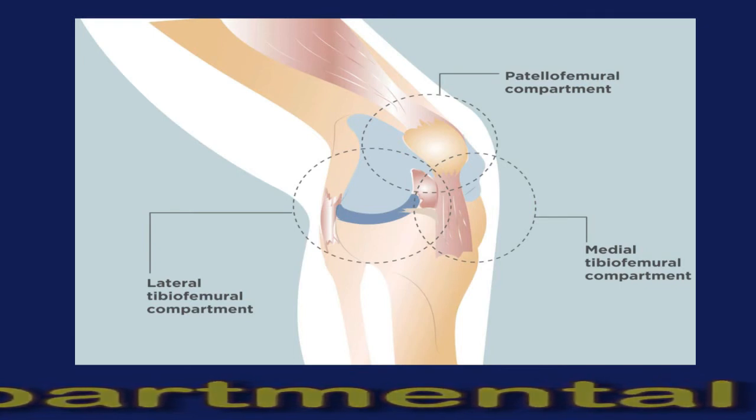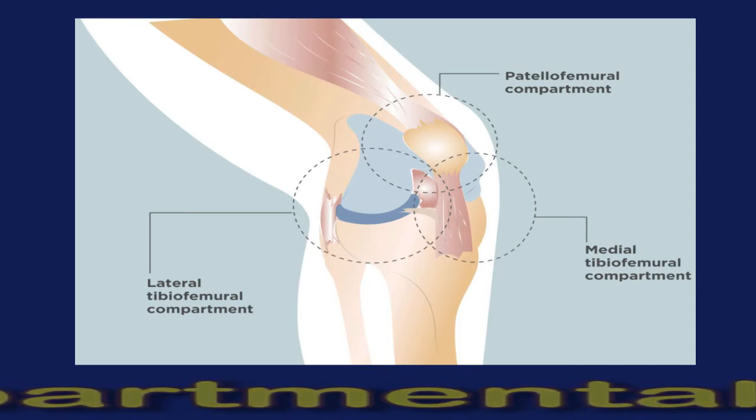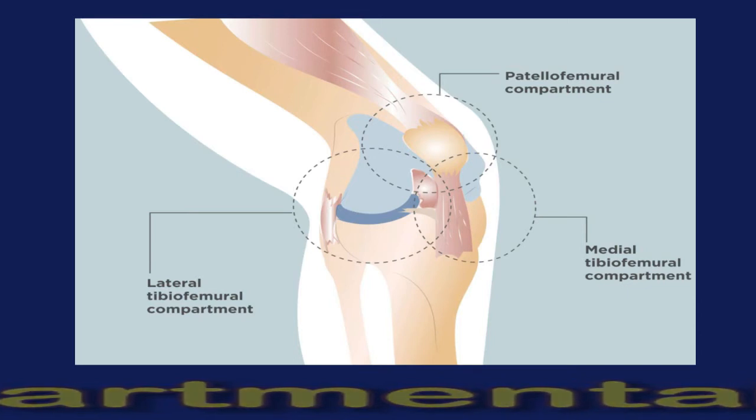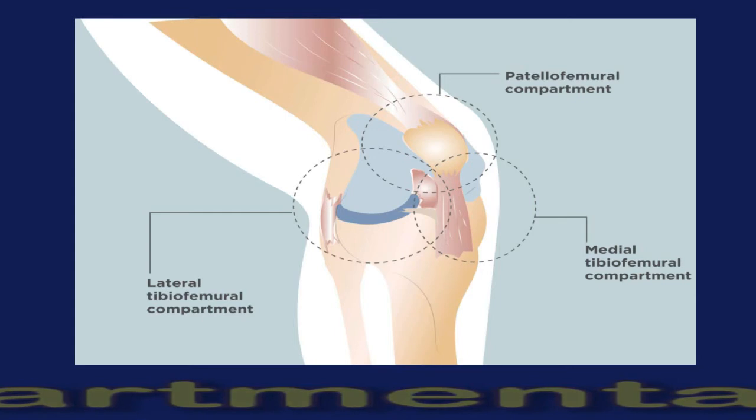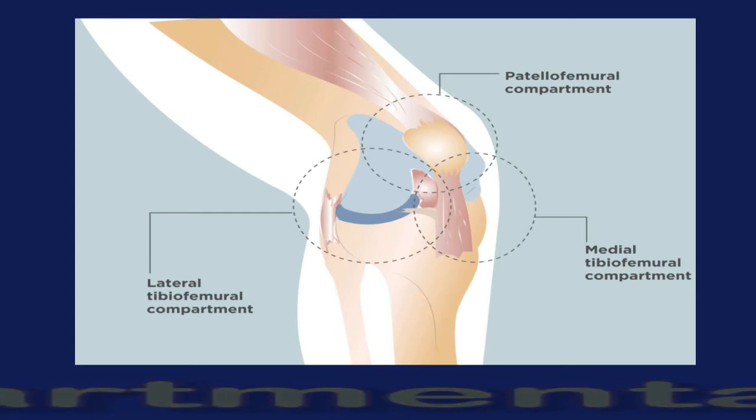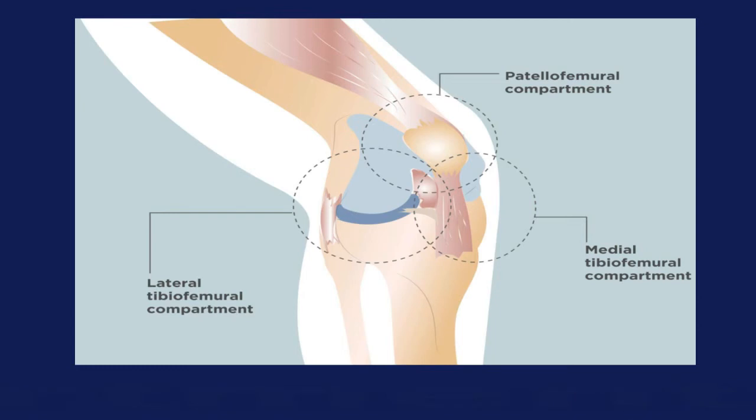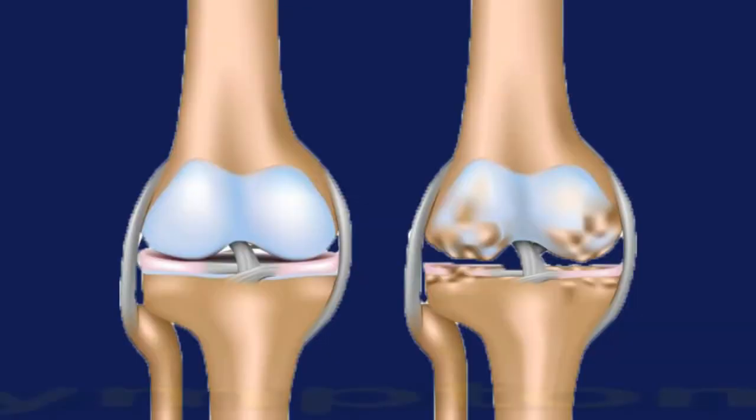Tricompartmental osteoarthritis is often considered to be worse than other forms of osteoarthritis, as the entire area of the knee is affected and loss of cartilage or the synovium, or joint lining, may be more widespread. Symptoms.